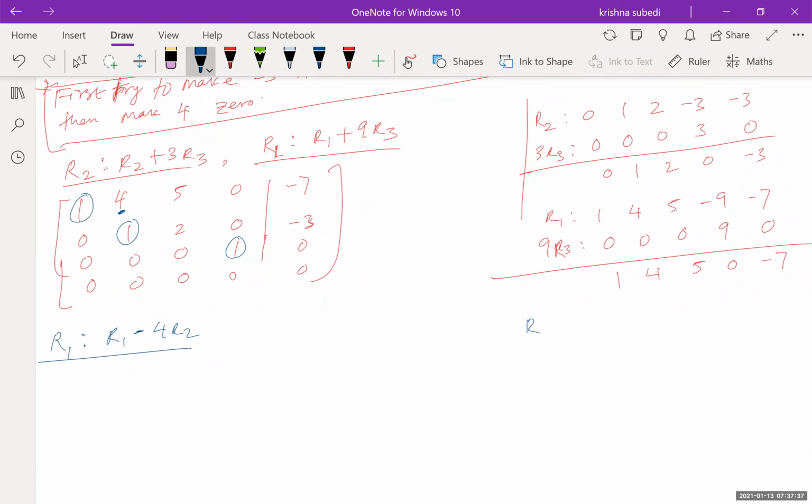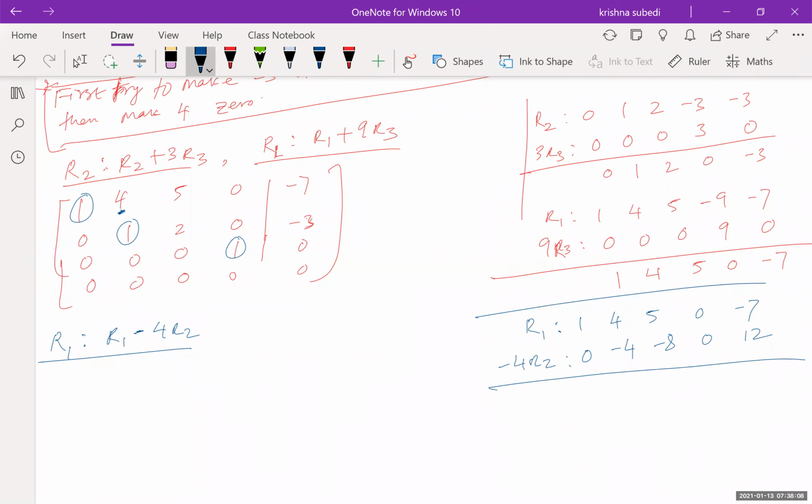Let me just copy R1 as it is, which is 1, 4, 5, 0, -7, and -4R2. So that's going to give me 0, -4, -8, 0, and 12. If I multiply this R2 by -4, that's what I'm going to get.